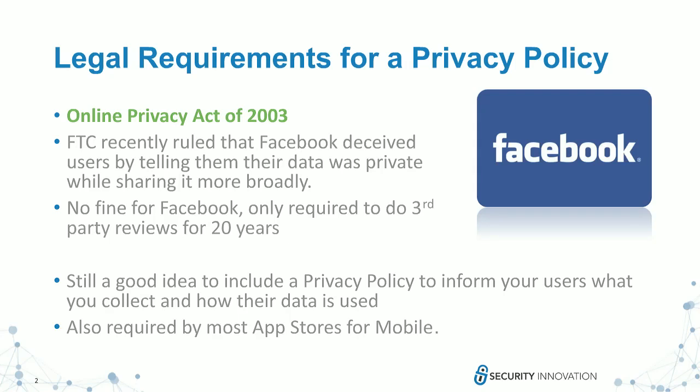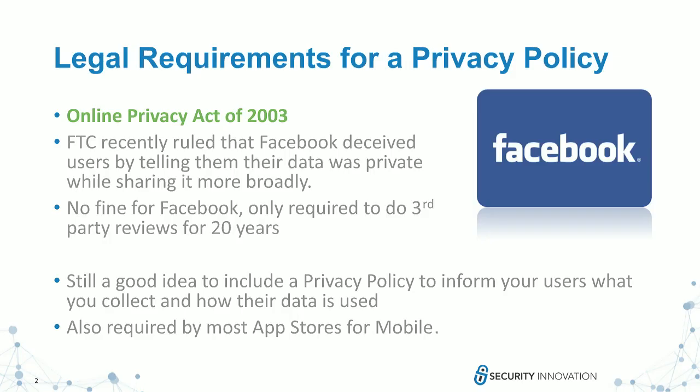So we're going to jump back in time a little bit. And we have some legislation that's been passed in 2003 called the Online Privacy Act in the United States. And I'm going to use this example, and I have Facebook here as part of this example. It's easy to pile on Facebook because they're an enormous corporation, but I don't want to pile on Facebook here.